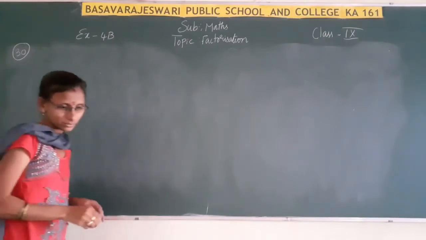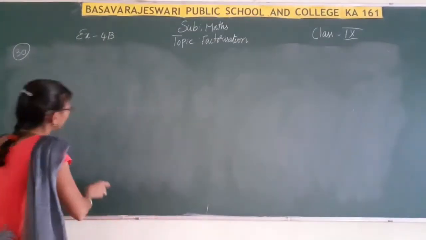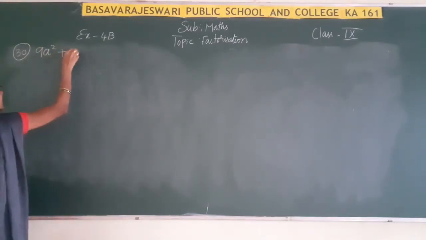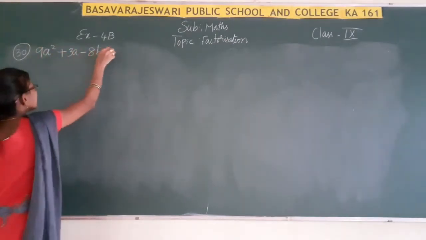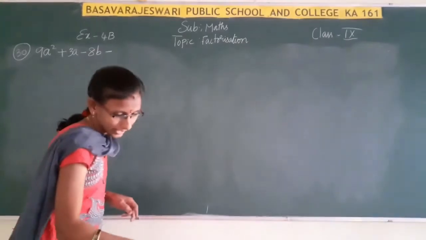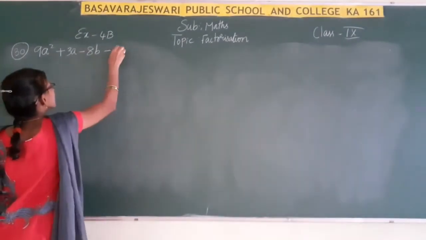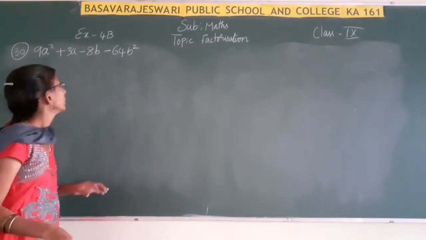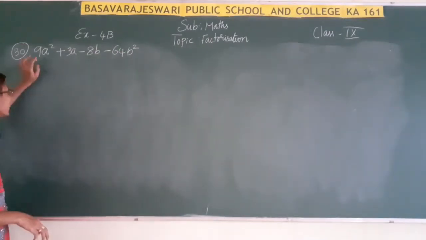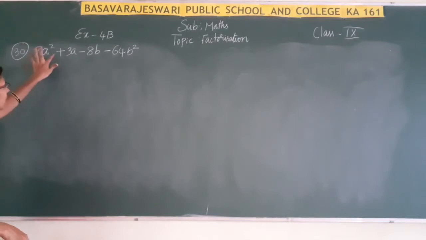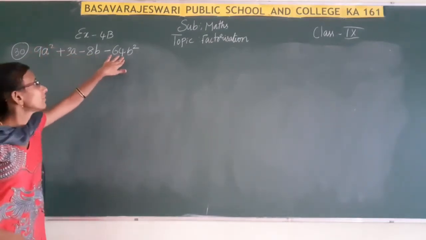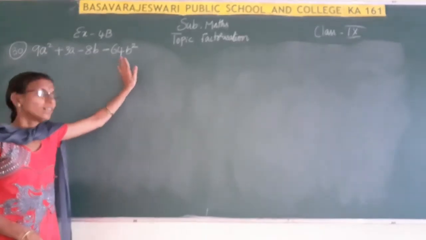Next, 38th question. 9a square plus 3a minus 8b minus 64b square. Okay. So here, 9a square plus 3a minus 8b minus 64b square.